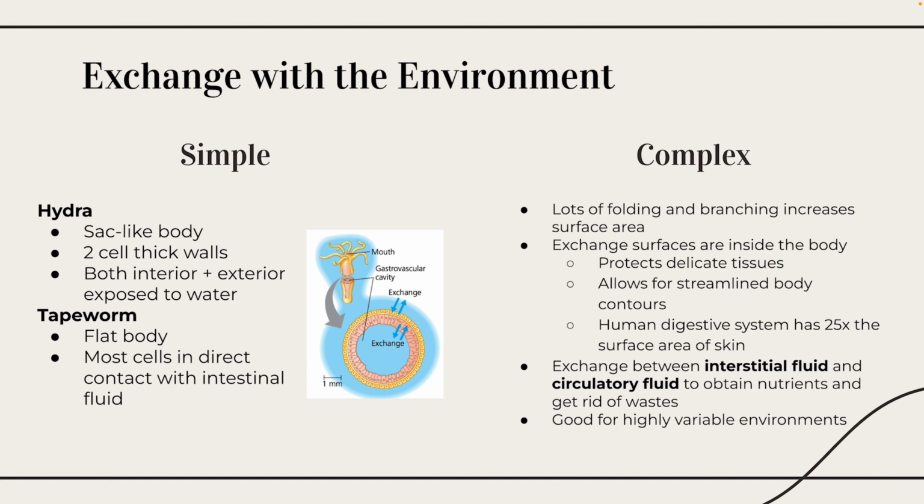So there are simple and complex body plans to deal with this. For simple, we have the example of a hydra. You can see this picture right here. Hydras have a sac-like body. They live in ponds, and the walls of their body are only 2 cells thick.